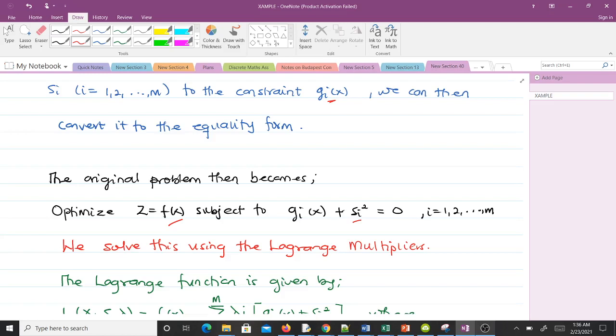Another reason is that we don't want to set another constraint, for instance, to say that our s_i should be greater than or equal to 0. If you have s_i squared, then it covers this. So after we've gotten this, we solve it using the Lagrange multipliers.